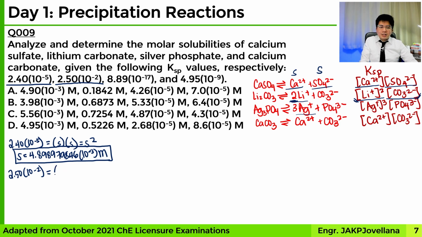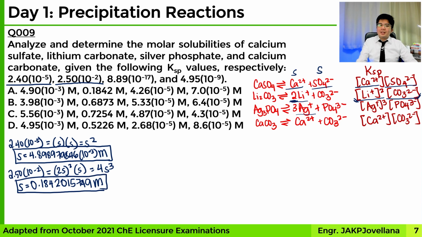So we can express 2S squared times S for carbonate ion. So we can have 4S cubed equal to KSP. So 2.5 times 10 to the minus 2 is equal to 4S cubed. And calculating for S, we can solve for 0.1842 molar. So this is the molar solubility of lithium carbonate.